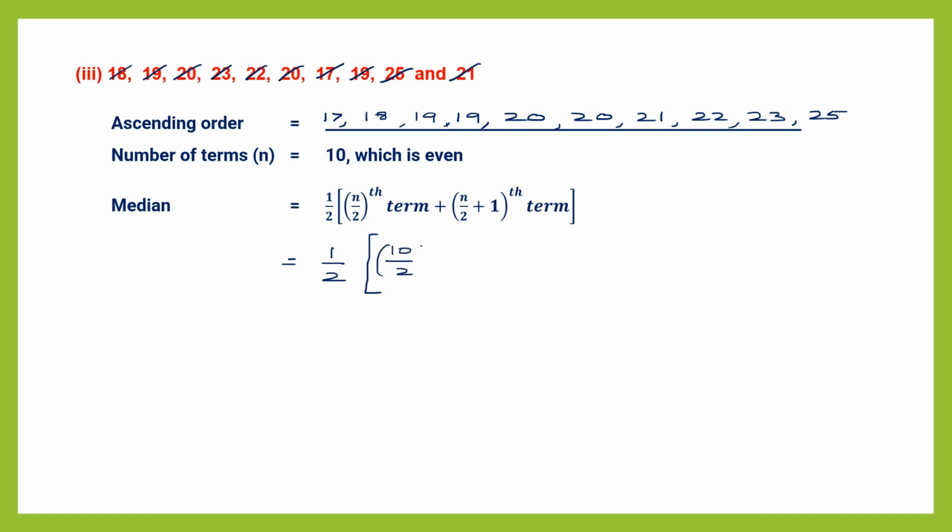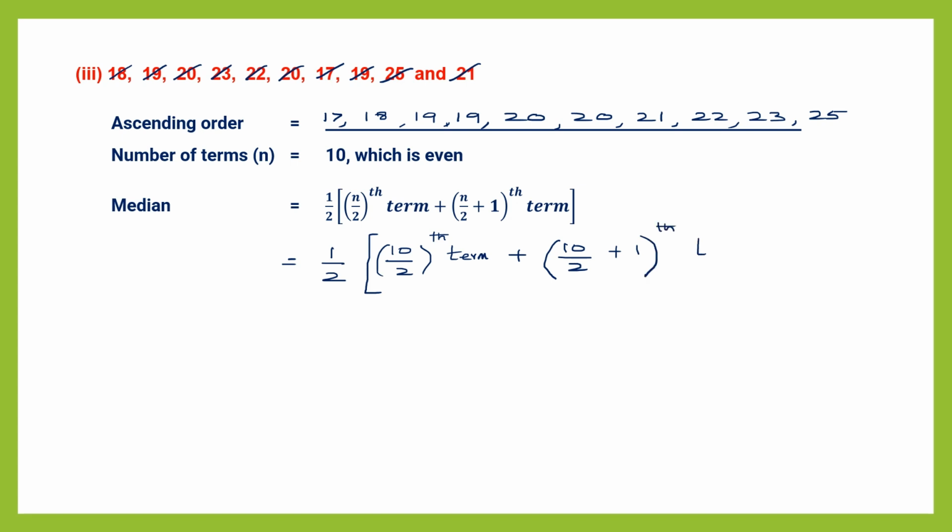Put the brackets there as it is. As you do this, it will get easier. Plus the (n by 2 plus 1) term, which is what we did previously for odd numbers. Let's write that also in brackets: n is 10, so (10 by 2 plus 1) term.